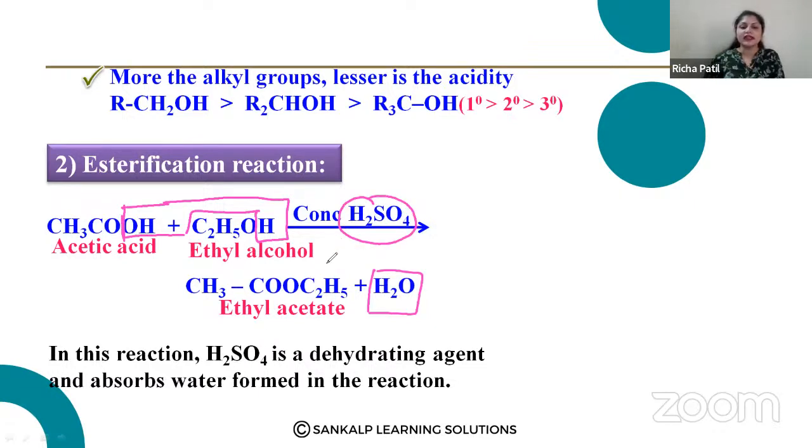It is a dehydrating agent. It is used to remove the water molecule, and it absorbs the water which is formed in this reaction. So what is the role of H2SO4? It is used as a dehydrating agent, right? From your acetic acid and alcohol, the side product obtained is water, and this H2SO4 is acting as a dehydrating agent.